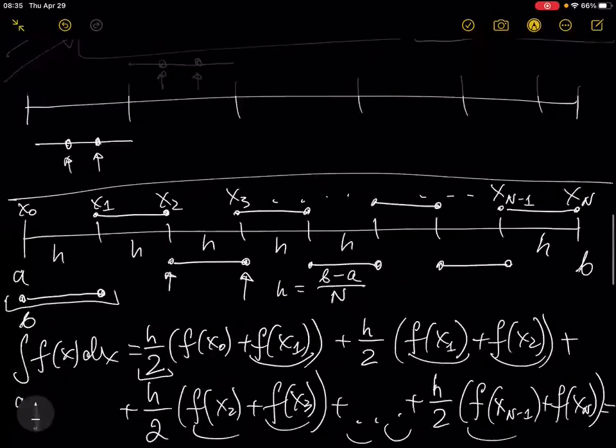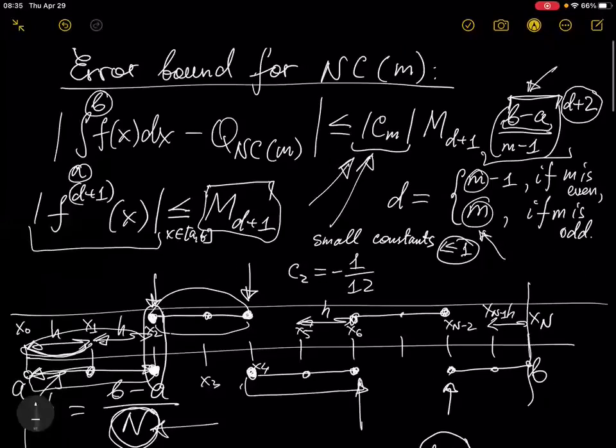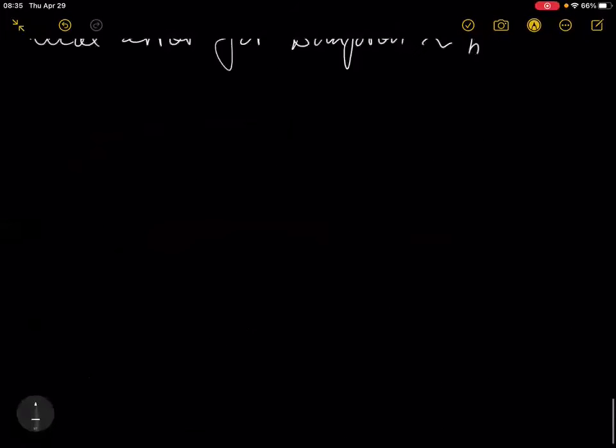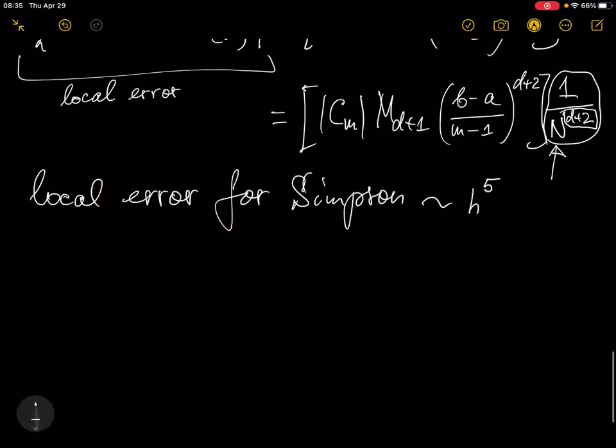Have a look: Simpson is m equal to 3, odd, so d is equal to 3. Substitute 3 here, so you're getting 5th power for the length of the interval which you are using. So you are getting h to the 5th.